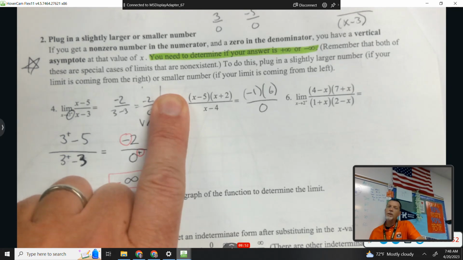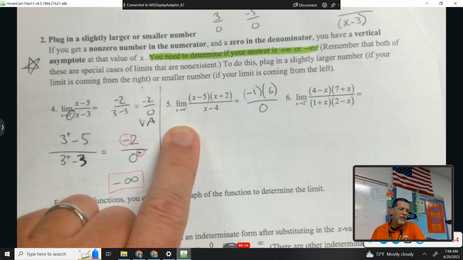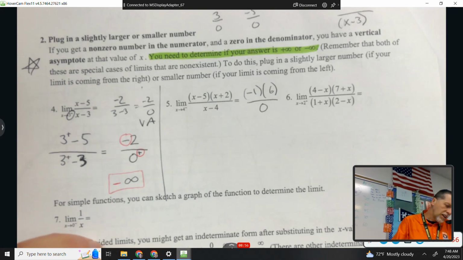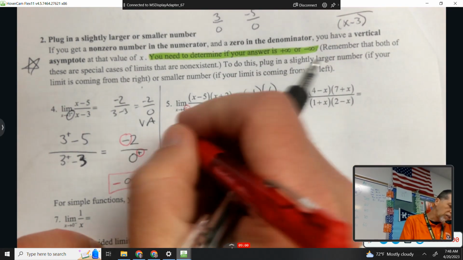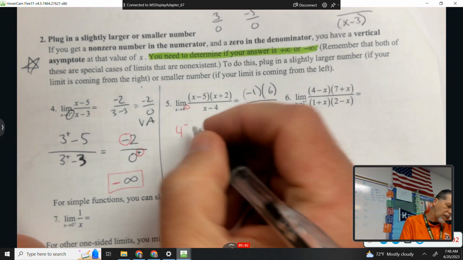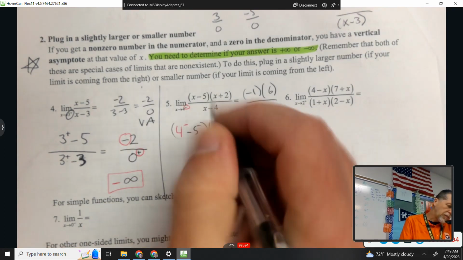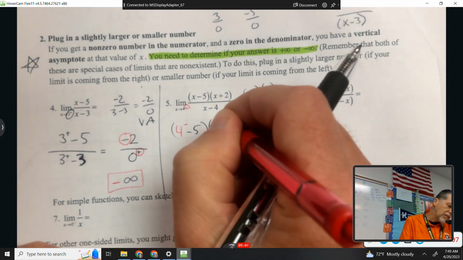But now we want to get a little more specific and figure out on the left of 4, are we positive infinity or negative infinity? So let's plug in a little less than 4.